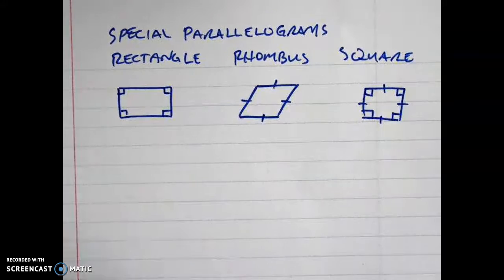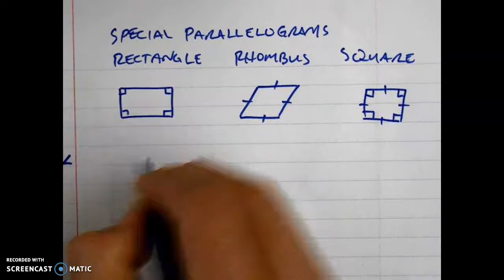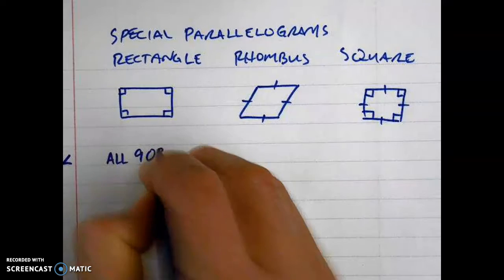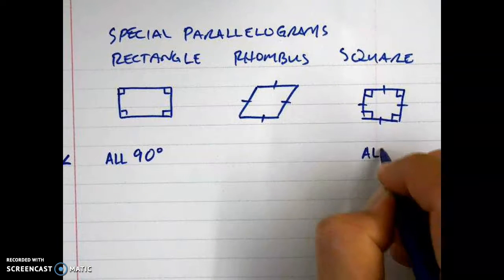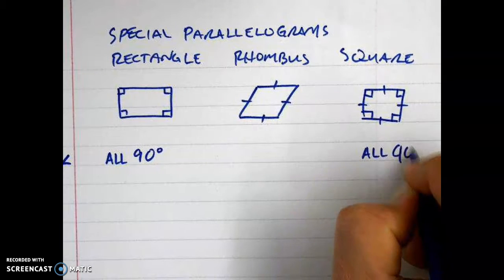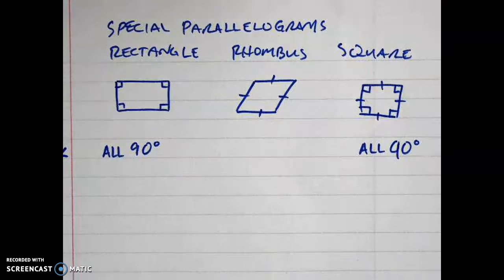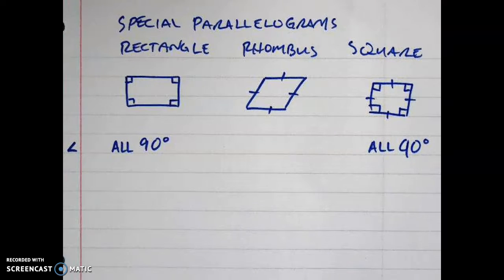So let's break this down. Let's talk about angles. All angles are 90 degrees. Let's talk about sides.